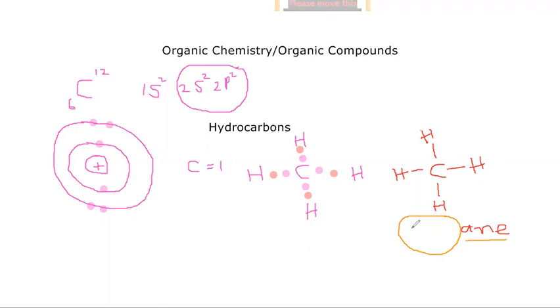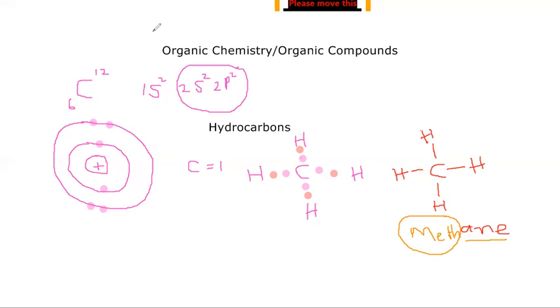The first one is the methane, and when only one carbon atom is present, you can name it with "meth", and "ane" is the ending, because this type of carbon compound is called the alkanes.